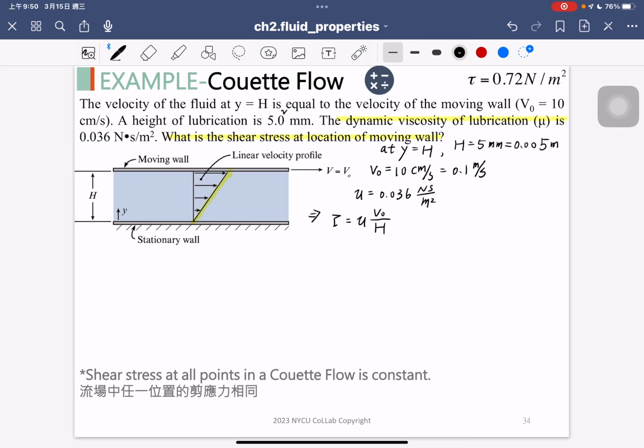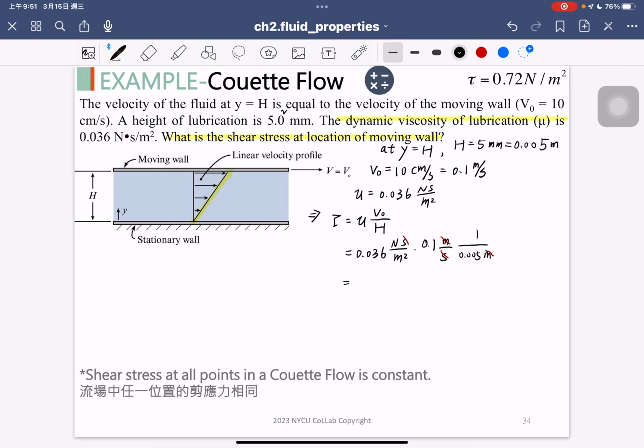So we directly calculate: 0.036 Newton seconds per meter square, multiplied by V0, 0.1 meter per second, and divided by the thickness, 0.005 meter. And you can do some unit balancing. You can cancel out the meter and second, and the dimension here is also Newton per meter square. It's the consistent dimension after we check.